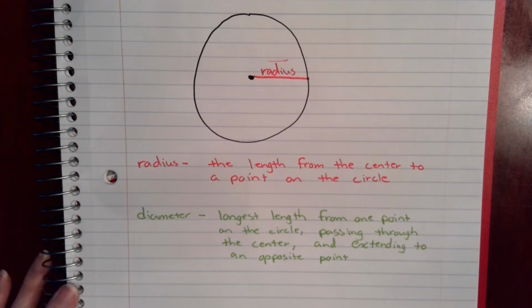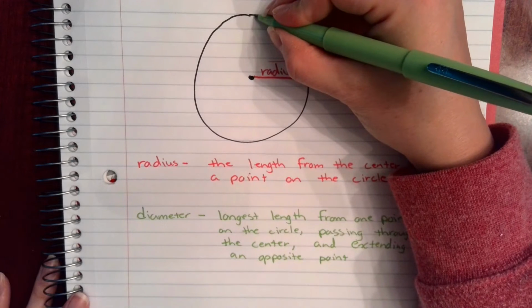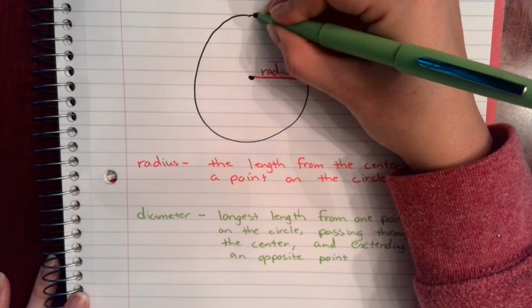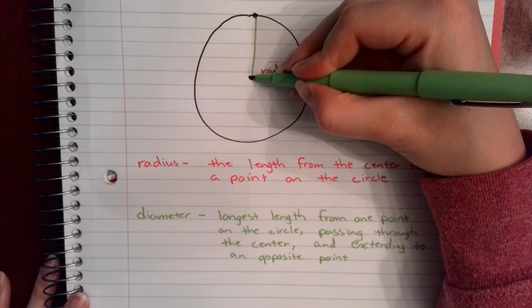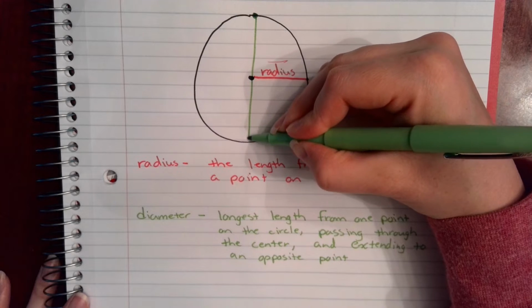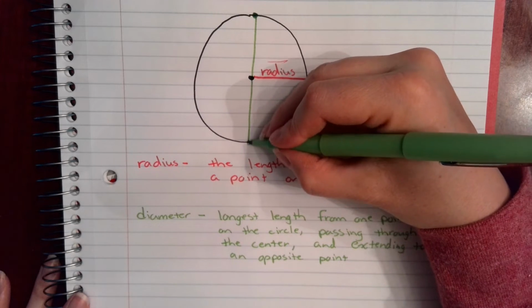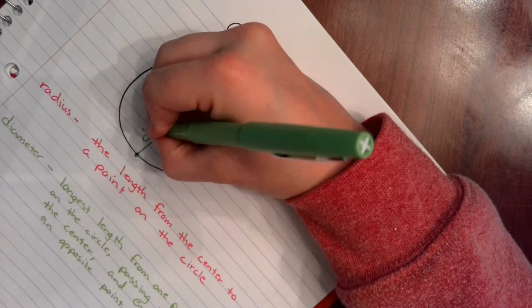So let me show you that on the circle itself. I'm going to start at some point on my circle. I'm going to start here. I'm going to pass through the center and extend all the way to an opposite point on the circle. That's called the diameter. So let me go ahead and turn this and write diameter.